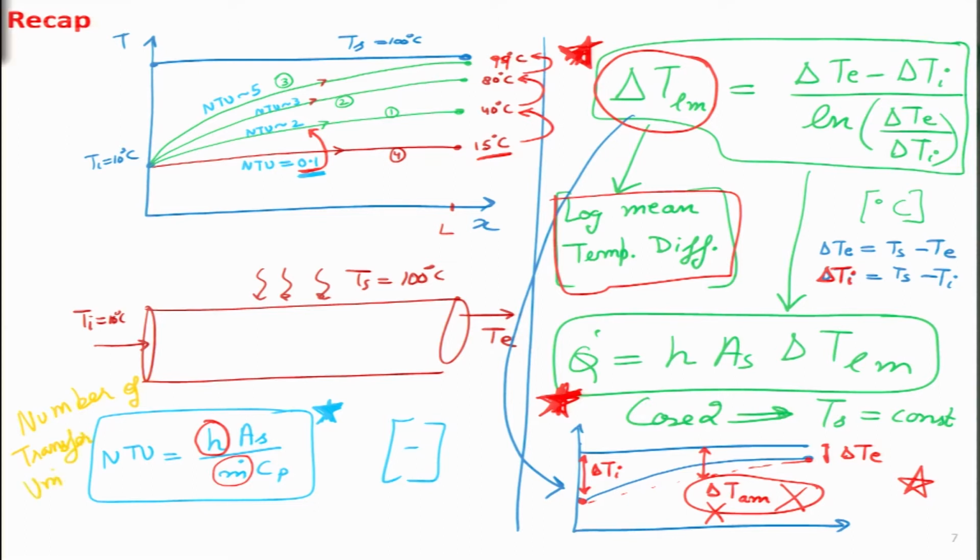NTU stands for number of transfer units, and this variable was very important because for different cases, as shown in this top left curve, we can have an NTU value starting as low as 0, because if we make h equal to 0, then NTU becomes 0, which means the fluid is never heated; it enters cold and leaves the whole pipe at the same temperature.